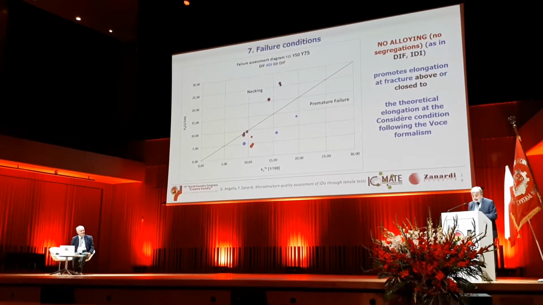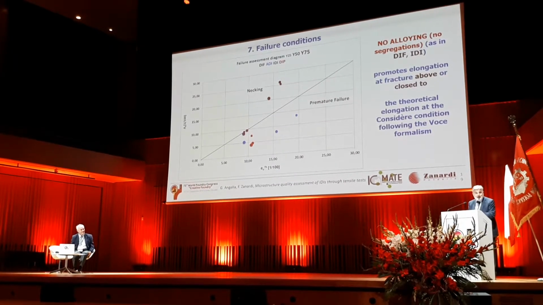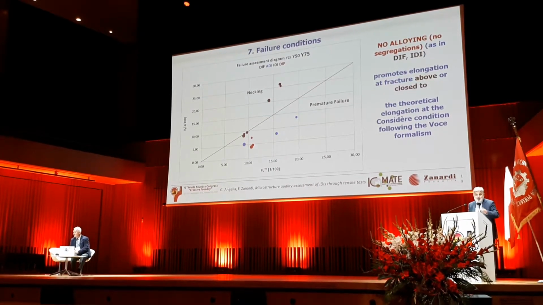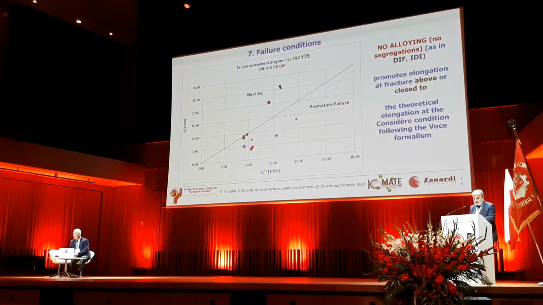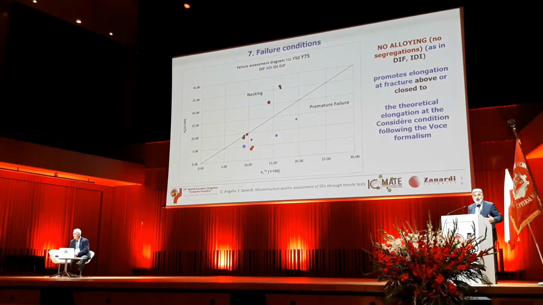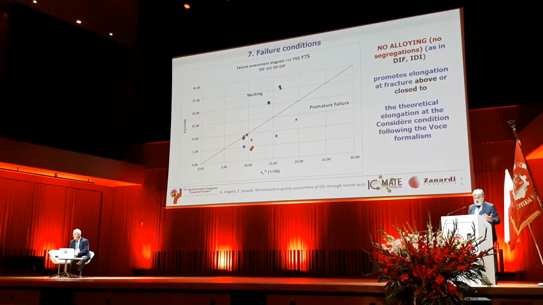And you see that ferritic ductile iron with low or high silicon doesn't matter. In this case, it is with the normal silicon and with different thicknesses of 75, 50, and 25. They are necking. They arrive easily at the considered condition, and they go over the considered condition.